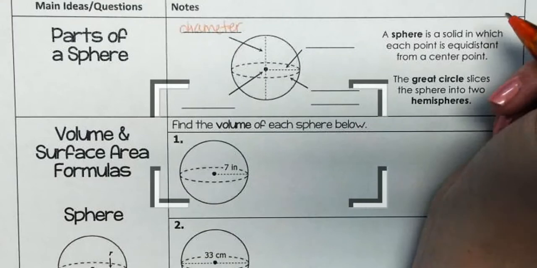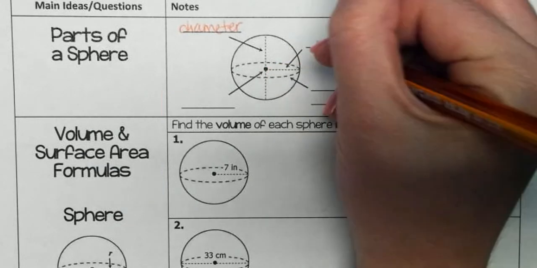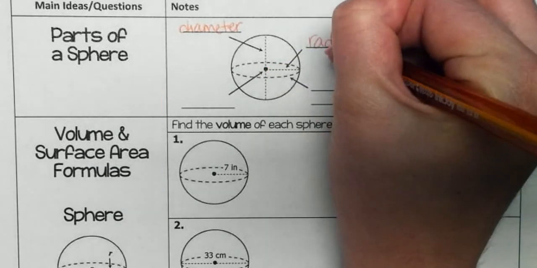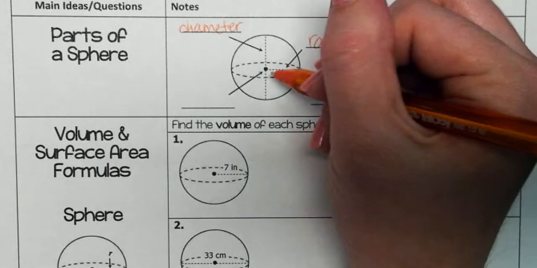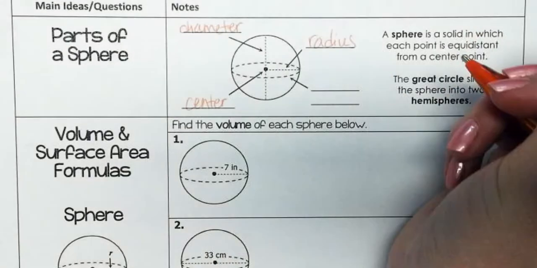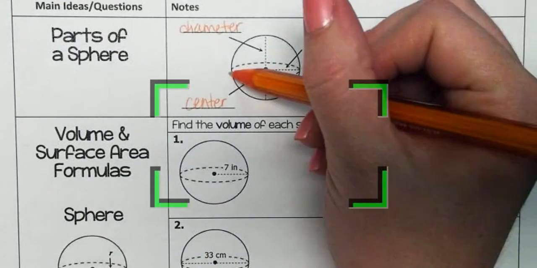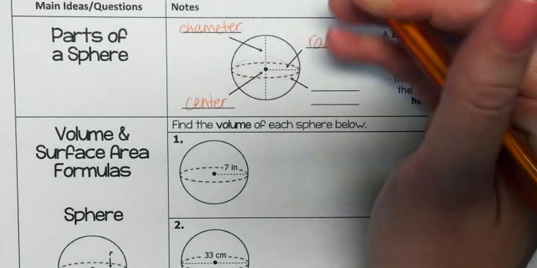This segment that only goes from the center to the edge is the radius. This point right here is the center. And this dotted line that goes all the way around is called the great circle.